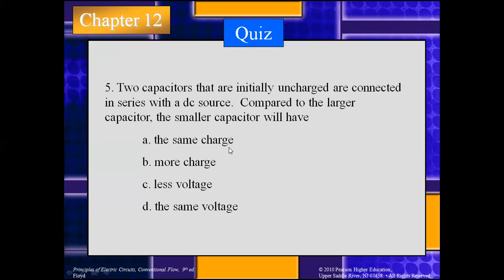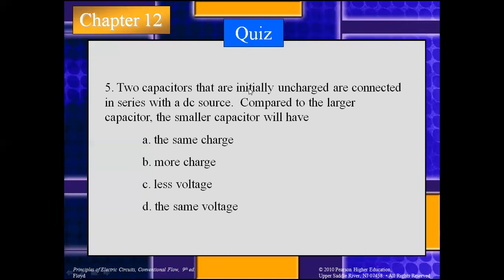Next question: two capacitors that are initially uncharged are connected in series with a DC source. Compared to the larger capacitor, the smaller capacitor will have the same charge, more charge, less voltage, or the same voltage. So the correct answer is option 1, that is the same charge.